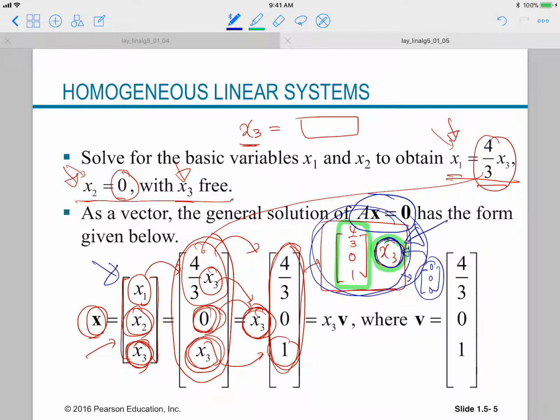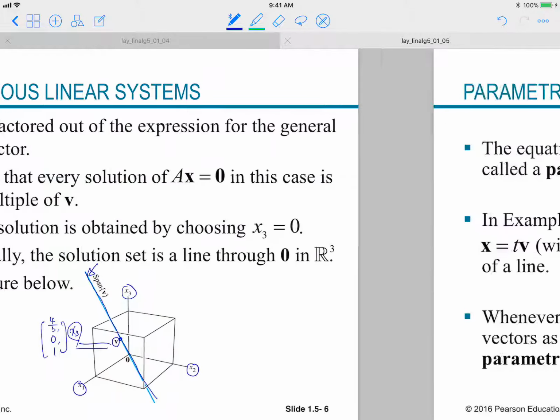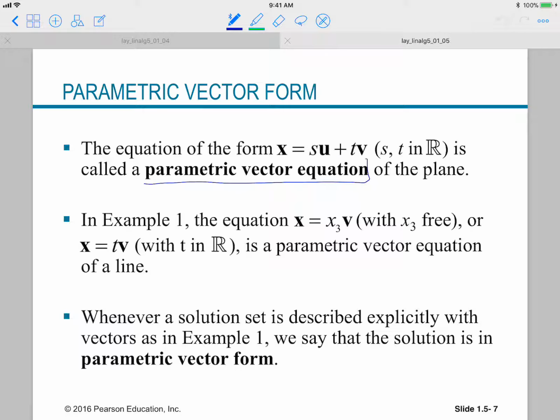Okay, and this way of representing our solution is actually called parametric vector form, or parametric vector equation, of our solution. So what are u, v, and s and t as well?